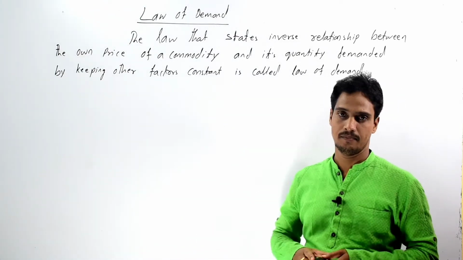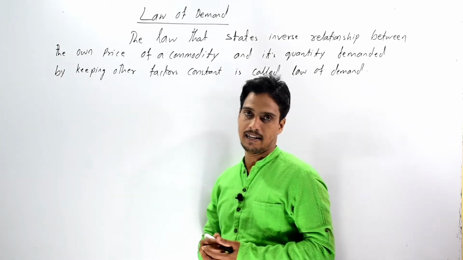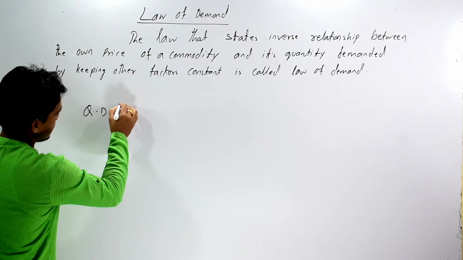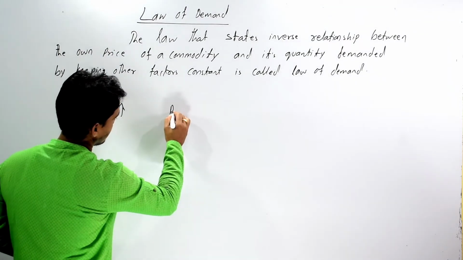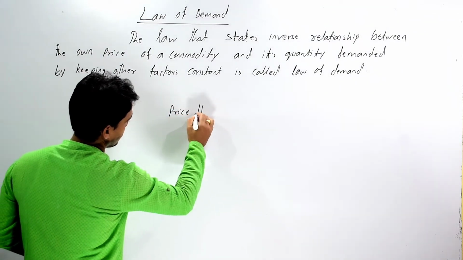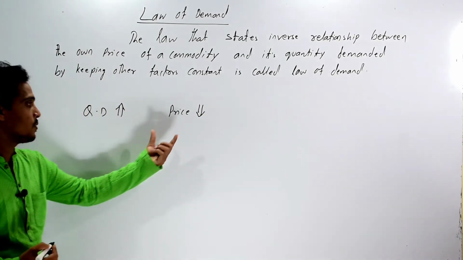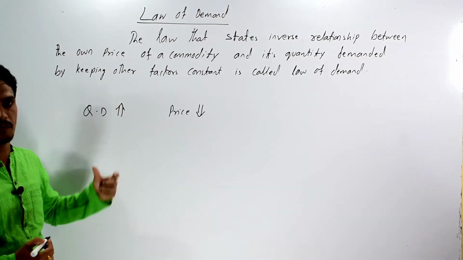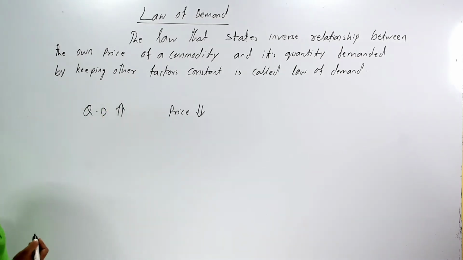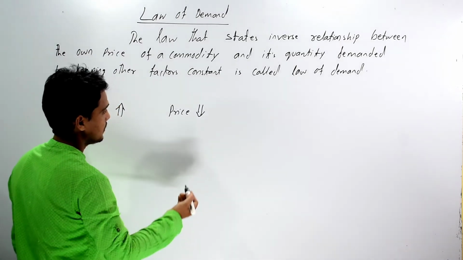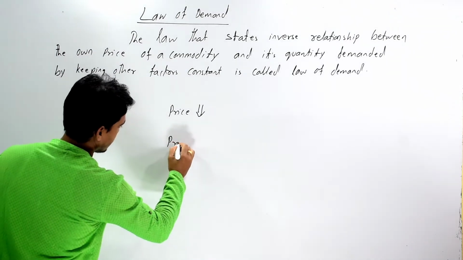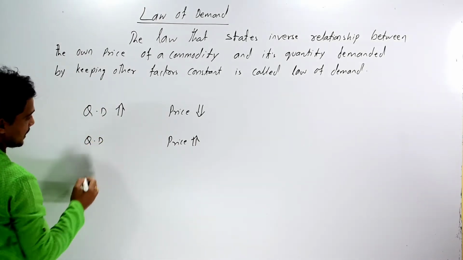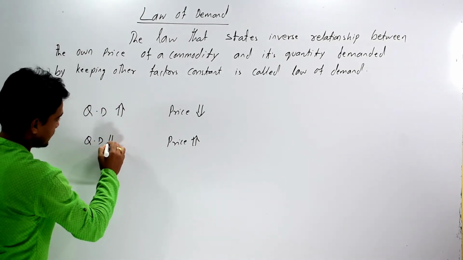In this situation, the quantity demanded of a particular commodity increases with the decrease in price. That means when price decreases, the quantity demanded of a particular commodity increases. Similarly, when the price of a commodity increases, the quantity demanded for that commodity decreases.